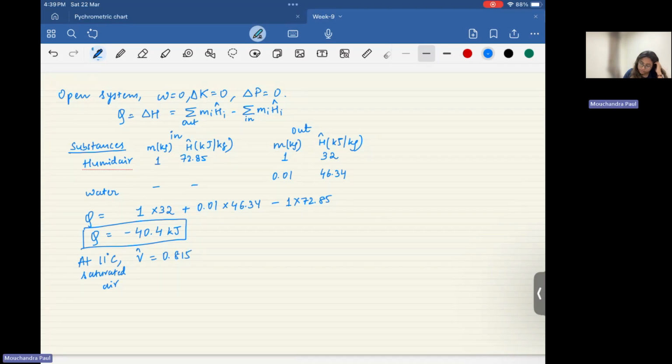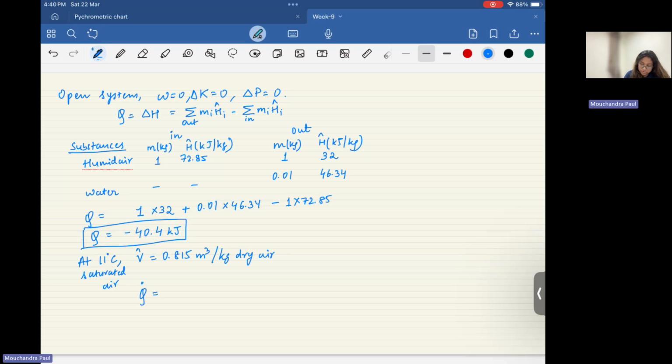You can definitely cross check. This means for 1 kg of dry air, there is a volume of 0.815 meter cube of humid air.